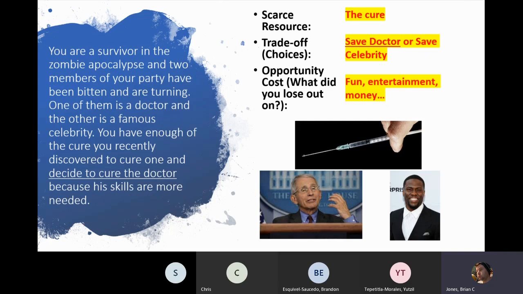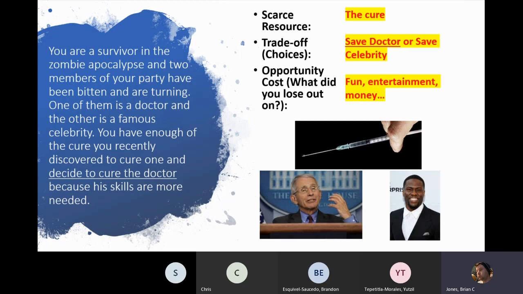All right. You are a survivor in the zombie apocalypse, and two members of your party have been bitten and are turning. One of them is a doctor, and the other is a famous celebrity. You have enough of the cure you recently discovered to cure one of those individuals, and you decide to cure the doctor because his skills are more needed. All right.